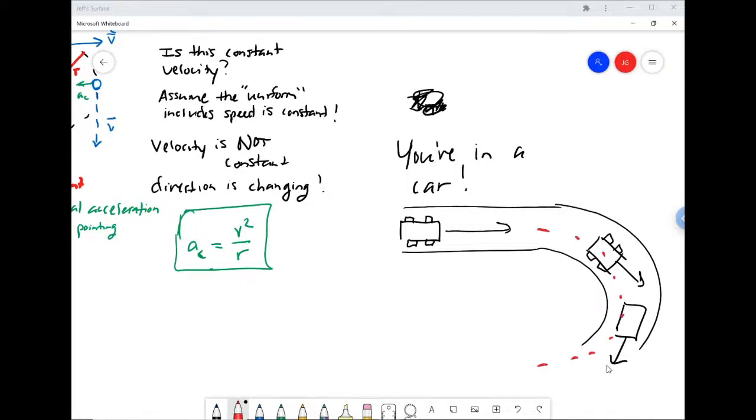My question is, what does it feel like? From your perspective, you're in this car riding along. What does it feel like when you go around a turn? There's a little bit of foreshadowing here because we're going to get a connection with forces pretty soon.